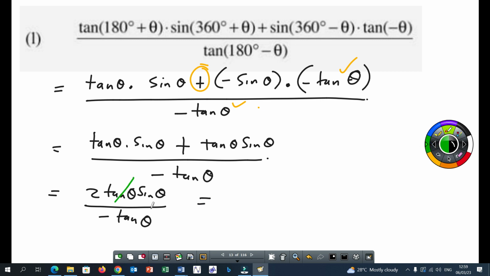So this positive tan and that minus tan, or we can call it, take the positive, leave the minus, right? Then you get minus 2 sin θ as your final answer. Minus 2 sin θ.